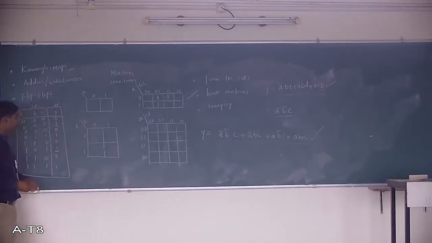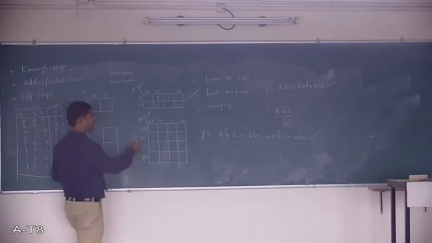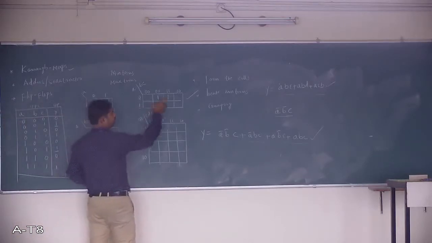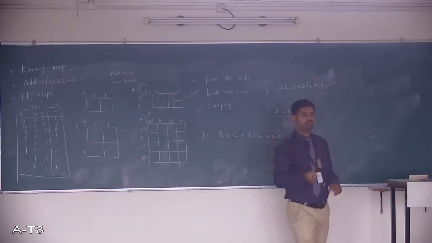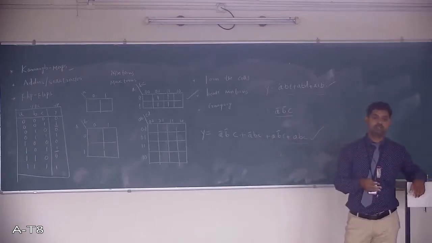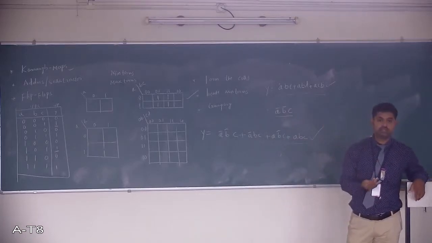Next, the last one is 1 1 1. A is 1, B is 1, C is 1. It means A is 1, B and C both are 1 1 here. This is the representation of min terms, or locating min terms, as logic 1.